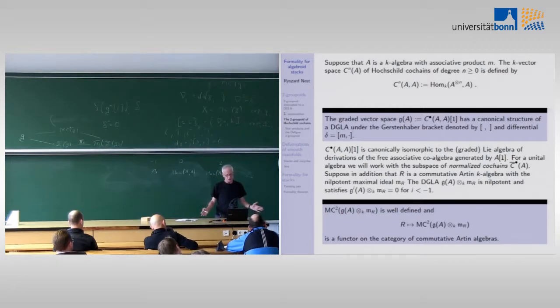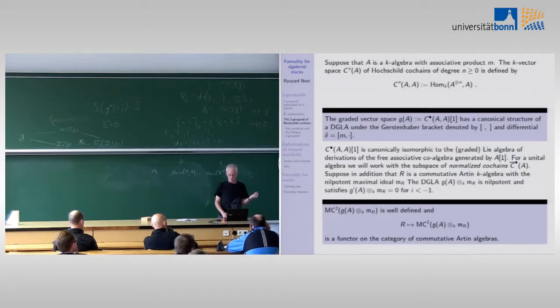Again, these Hochschild cochains form a DGLA. Tensoring it with the maximal ideal in some Artin algebra makes it nilpotent. It vanishes in degrees smaller than -1. So we can do our construction, and we get a functor from these Artin algebras.